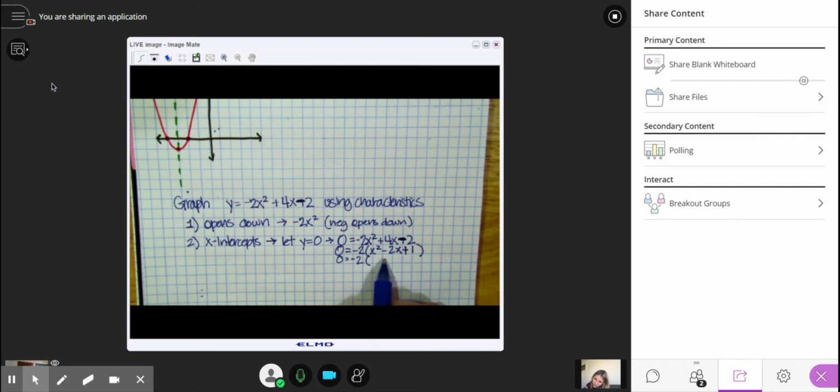No, I wouldn't use the A times C here. Because if we've pulled out, I mean, you could, I suppose. If we've pulled out the -2, you should just have x squared minus 2x plus 1.